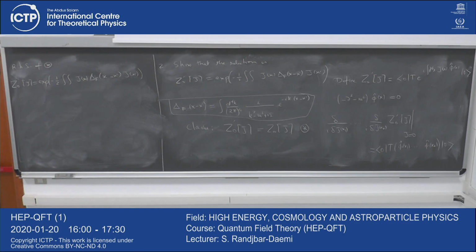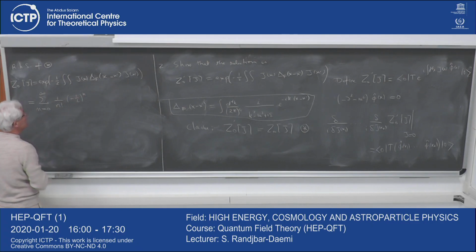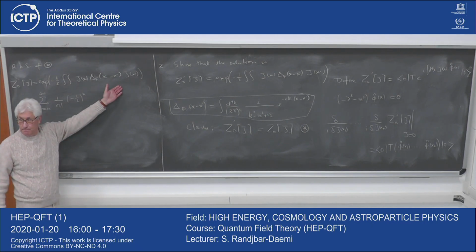Expand the exponential. So this is the exponential of ordinary objects. There is no operator or anything. And we know what the expansion of an exponential is. It is the sum over n from 0 to infinity, 1 over n factorial, minus 1/2 to the power n, and the nth power of this object.